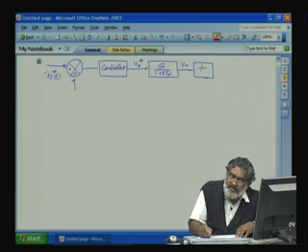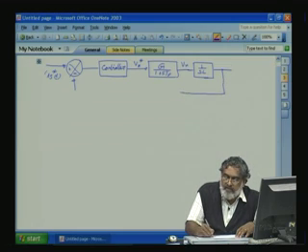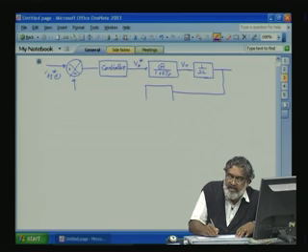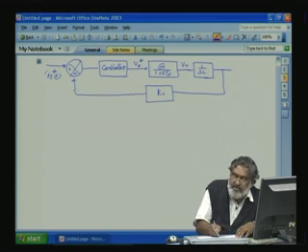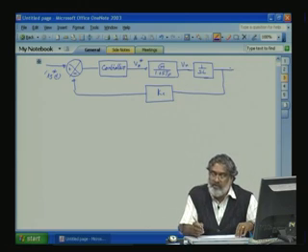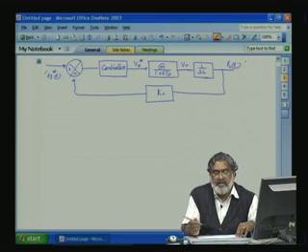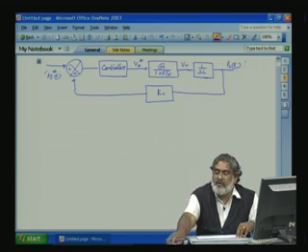So, integration is 1 by SL. Then this is the actual converter current. We tap this current through current transformers or other current sensors and put a gain of Ki, so we can bring it to the controller level. So, this is the control loop. This is our actual IST source current. So, how to design our controller?